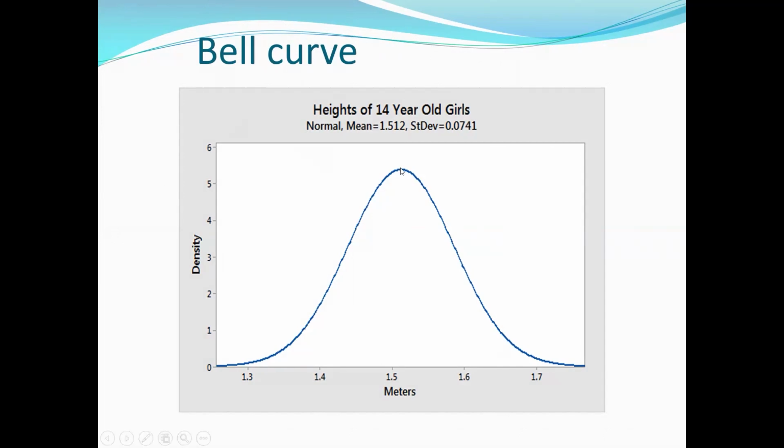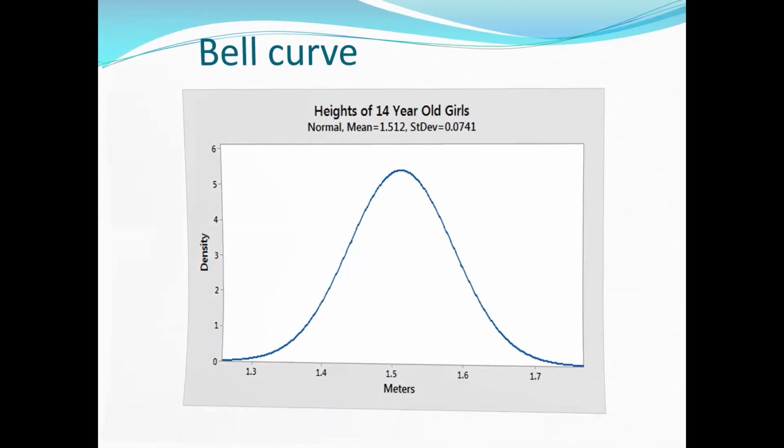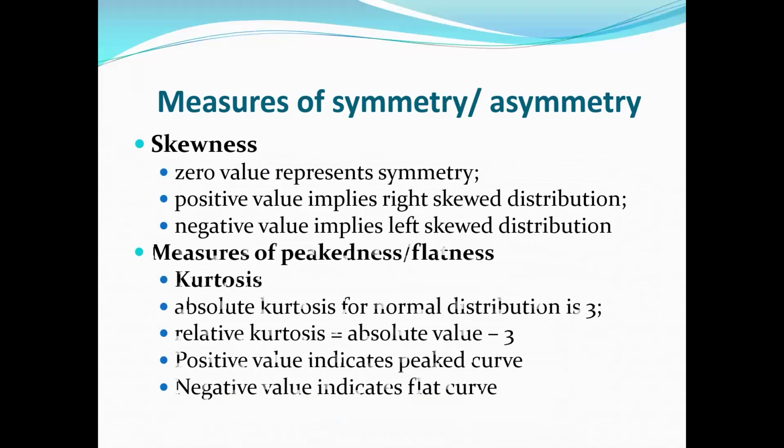So there will be more people with the higher height near the mean. If it is flat, that means the girls are all having more or less equal height, equal to the mean. The height of the curve is called peakedness.